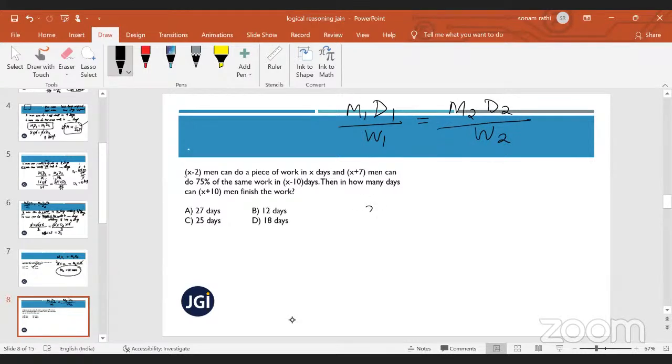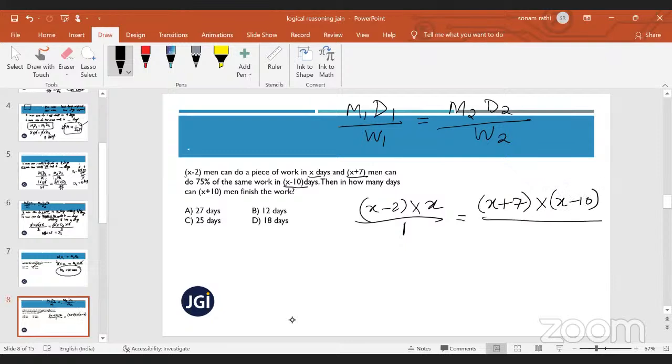So M1 is X minus 2, days is X, upon work is 1, M2 is X plus 7 into X minus 10 upon 75% of the previous. So previous is 1, now it is 75%.